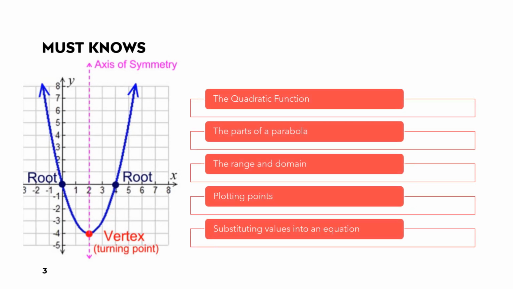Just some things you must know, and once again, this is a review. This is a parabola. It represents a quadratic function in graphic form. For the parts of a parabola, you start with your vertex, your turning point. This parabola is a valley, so it has a minimum value.